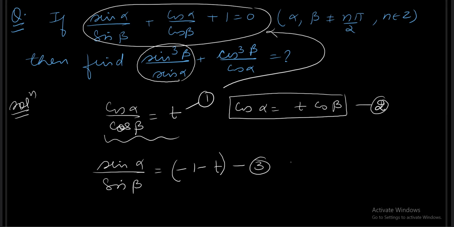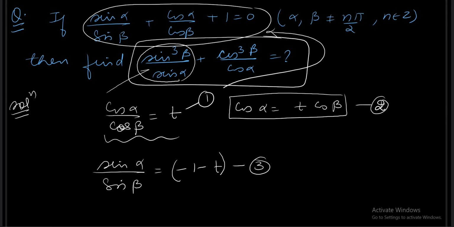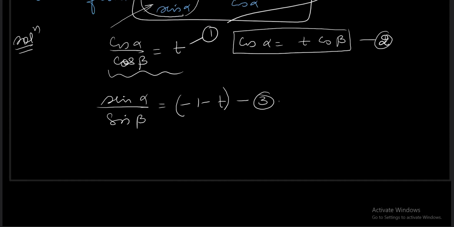So with the help of these 1, 2, 3 equations, I'll try to write this expression purely in terms of t. कैसे लिखेंगे? Like sin alpha by sin beta तो मैं यहाँ लिख लूंगी, but additional sin square beta जो है ना वो मुझे नहीं मिलेगा. तो वो sin square beta निकालने के लिए I'm just going to square both the sides in the third equation, which can be written as sin square alpha is (1 plus t) whole square into sin square beta.